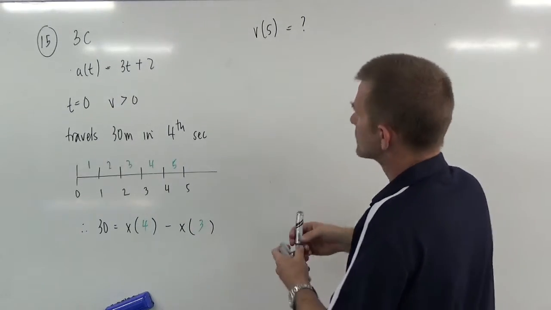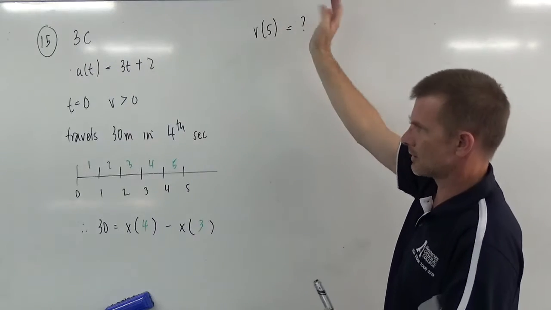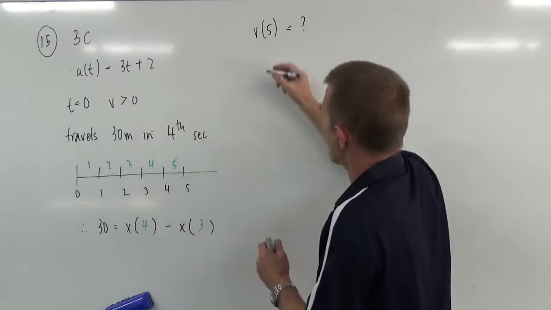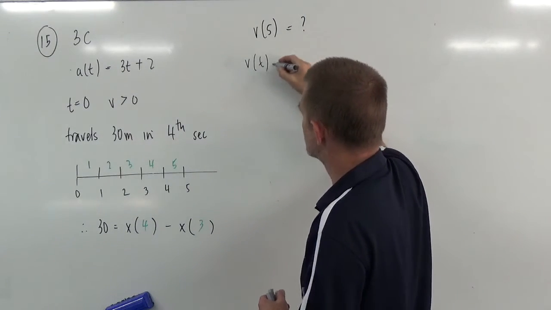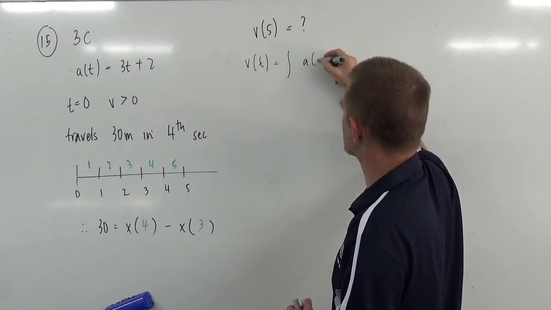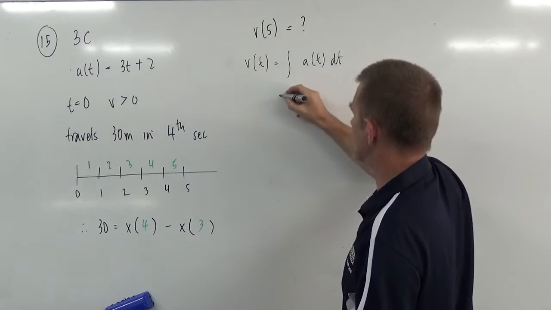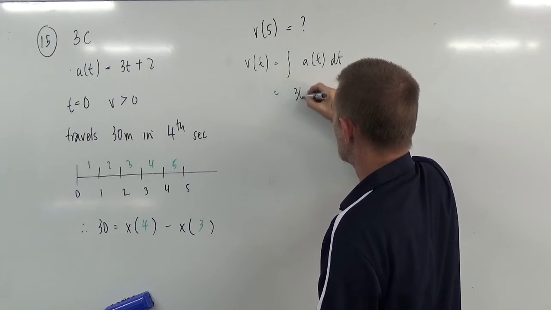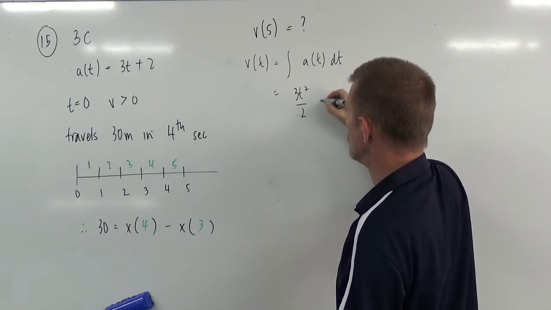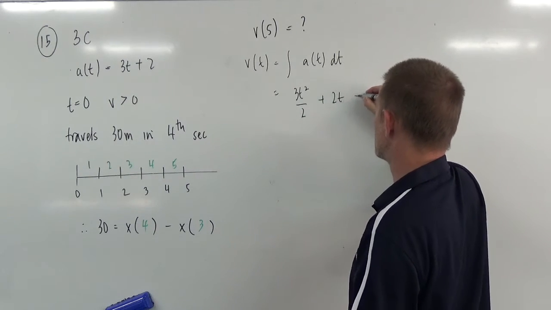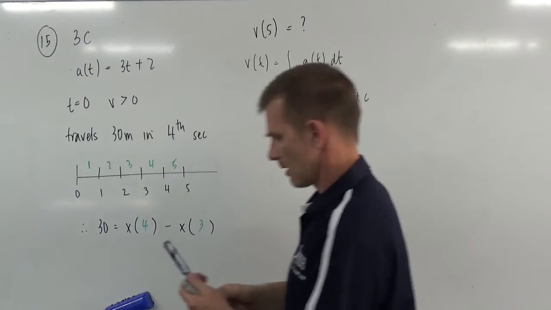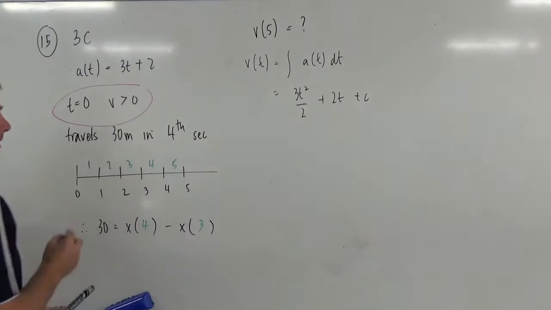Let's see. So this is the final question, but let's not worry about that. Let's integrate that. So if we go velocity of t equals the integral of acceleration of t dt, integrating that, I'm going to get 3t squared over 2 plus 2t plus c. Now, this is where this guy, I think, is going to come in.